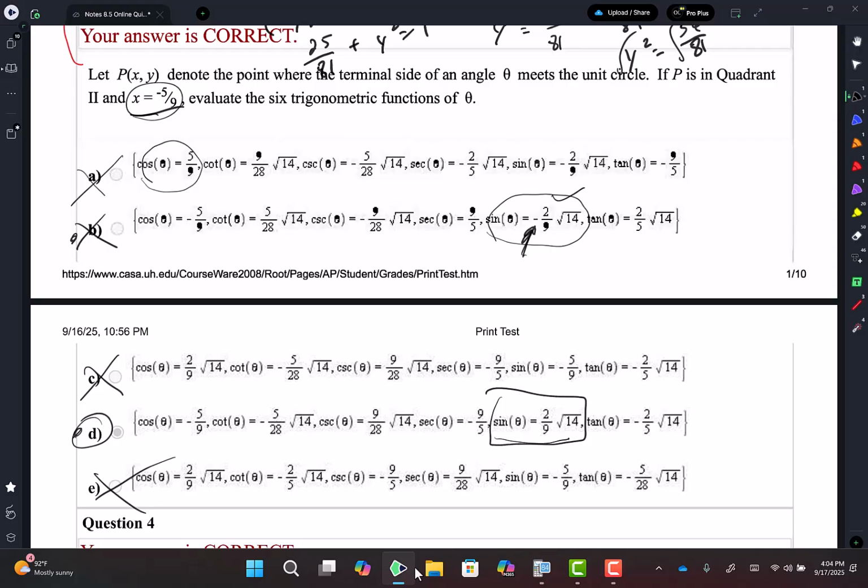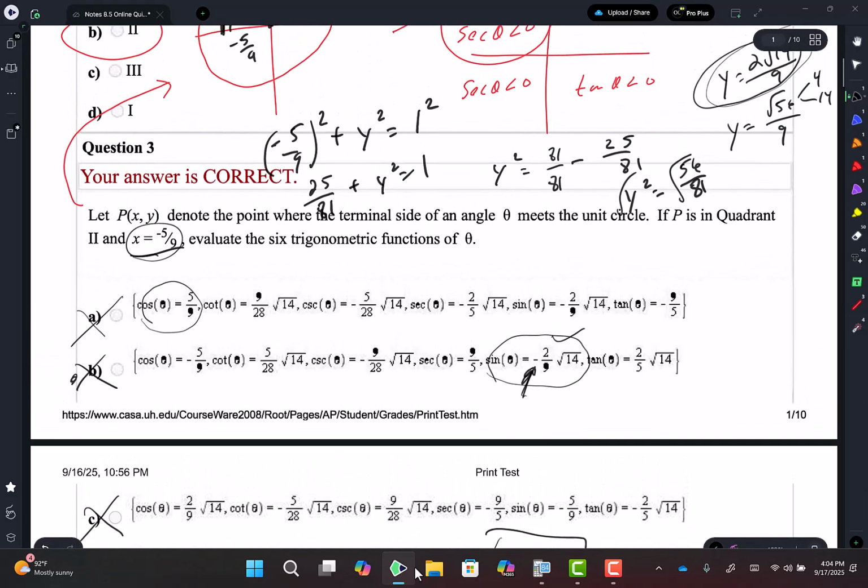But wait, when you do the movement, it's 25 over 81 minus 1. So how did you get the 81? I did 81 minus 25, which was 56. Yeah, but how did you get there? I just moved the 25 over 81 to the right, and it was 1 minus 25 over 81, and then the 1 I turned into 81 over 81, because that's 1.